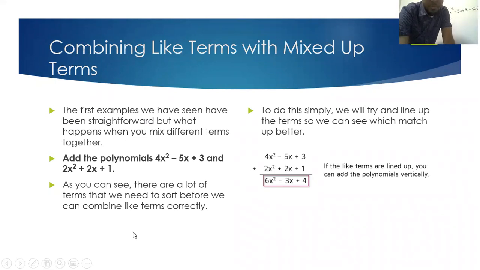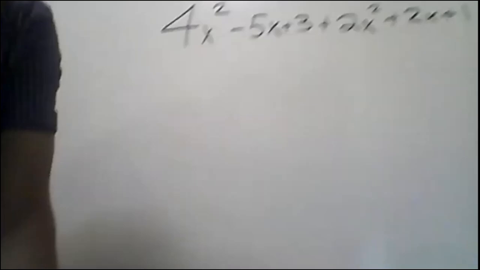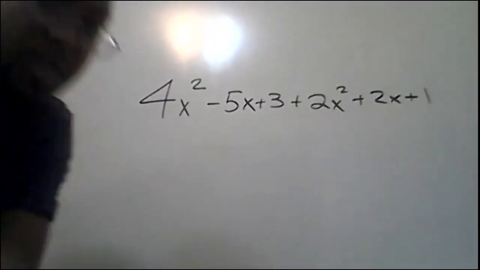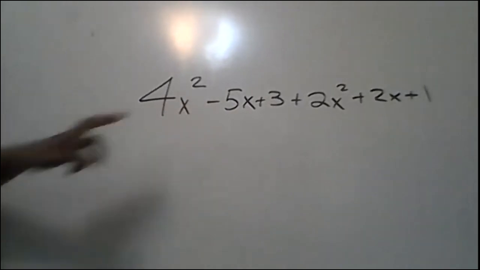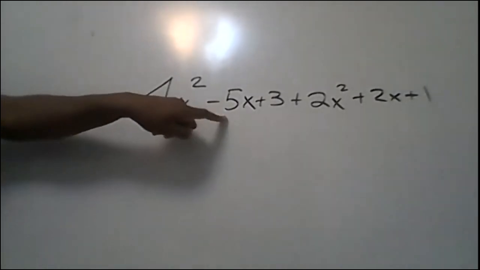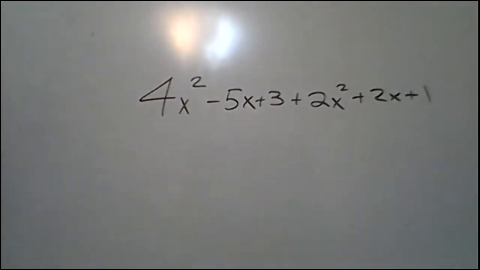Yes, you can see that. All right, so this right here: I've got 4x squared minus 5x plus 3 plus 2x squared plus 2x plus 1. So I've got a lot of stuff that I want to start combining like terms with.